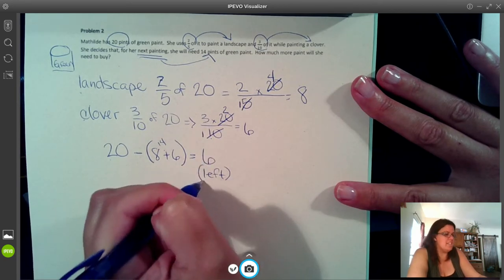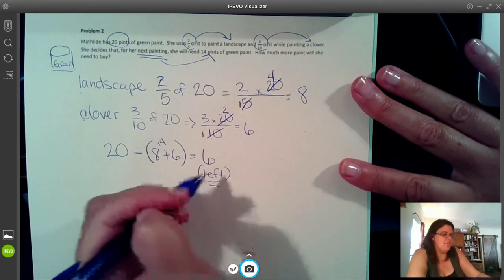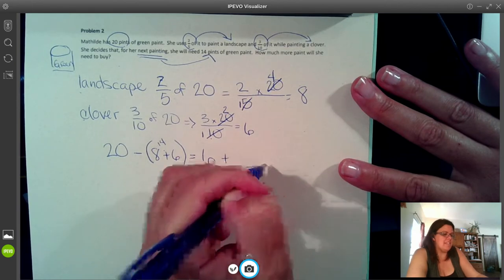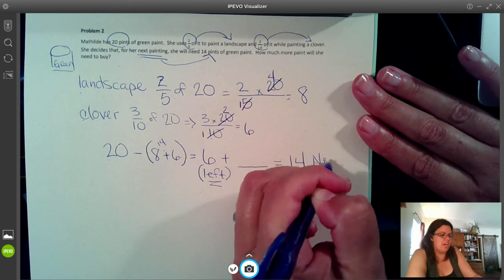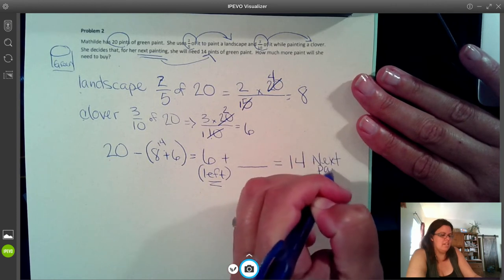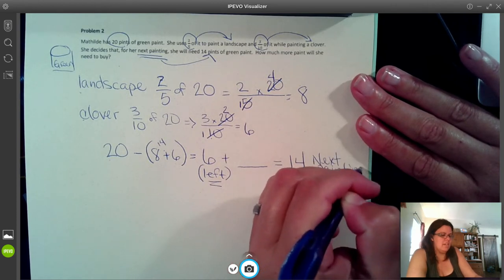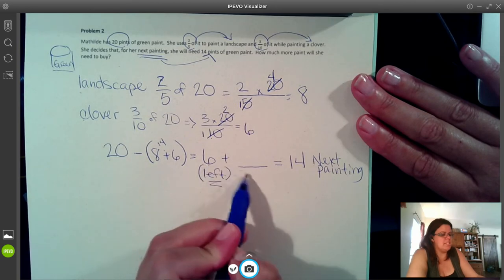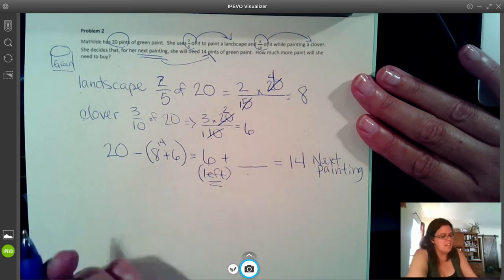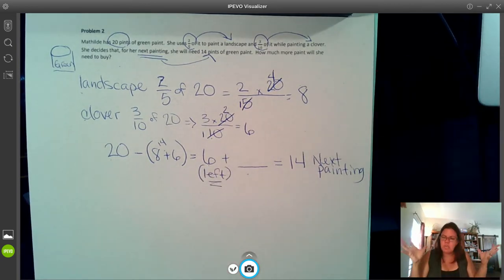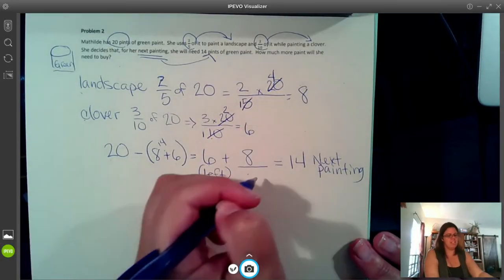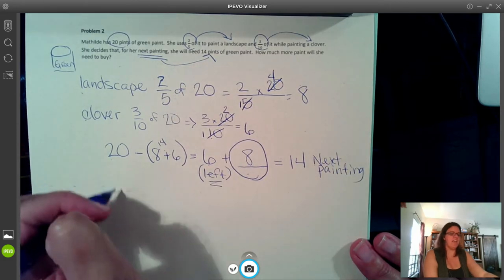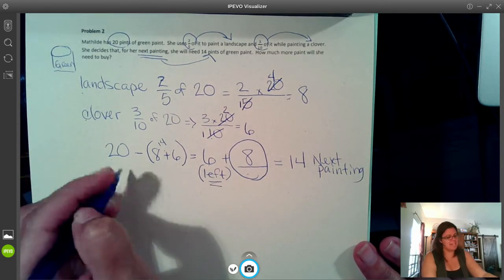So she has 6 pints left, but she needs 14 for her next project. We know 6 plus something is going to get us 14. And I know I can hear you guys screaming at me saying it's 8, Miss Olson. So this is what she needs to buy in order to get to her next painting.